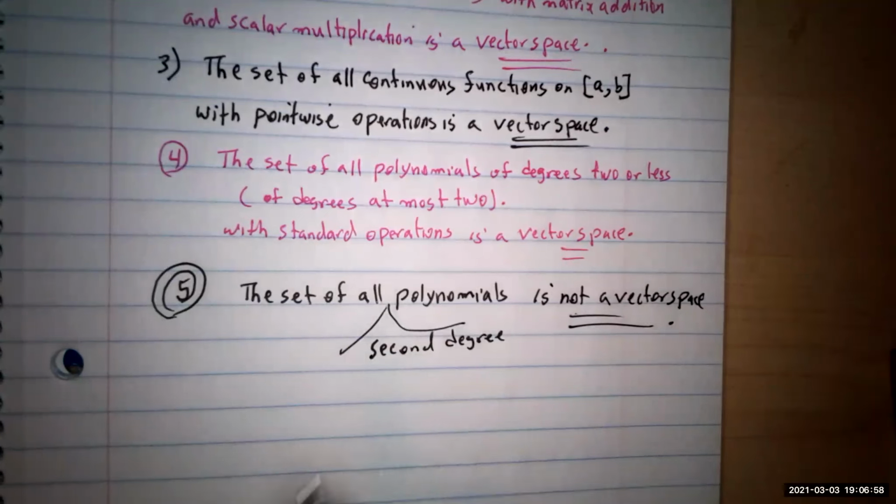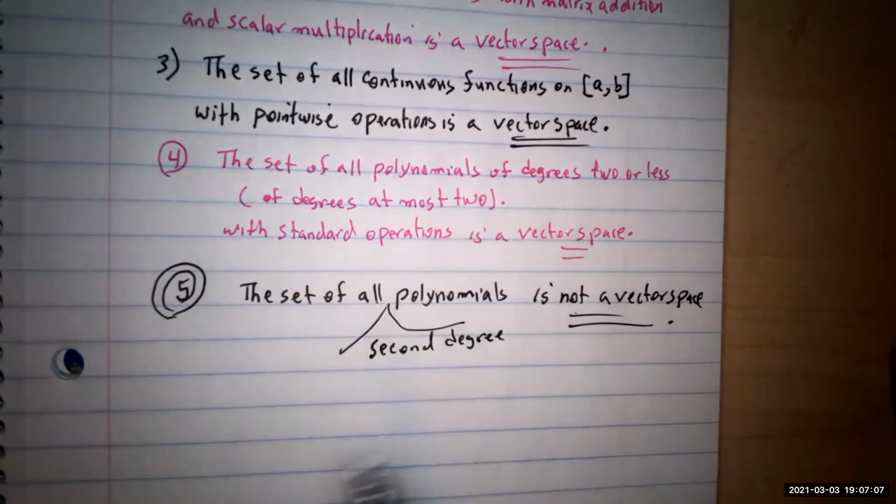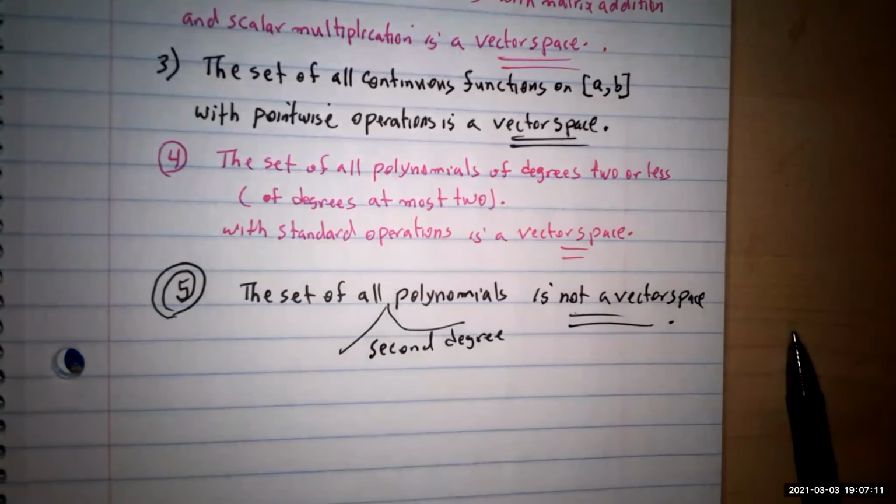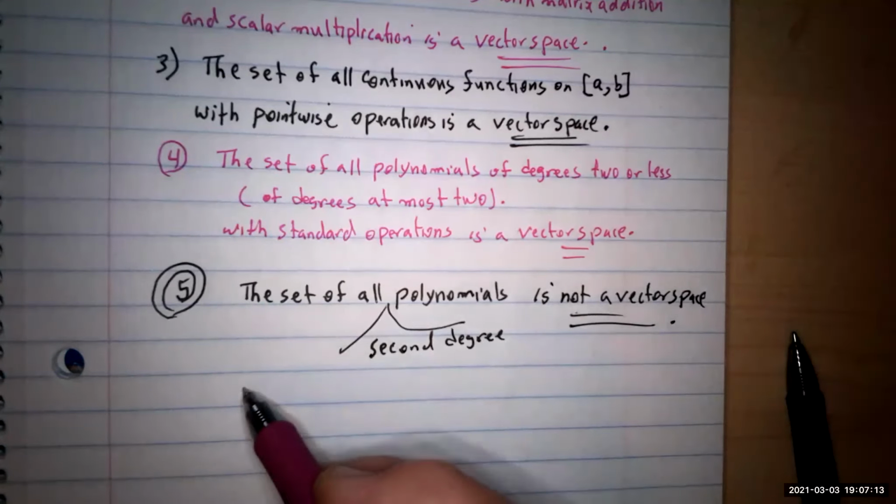Because I can give you 2 polynomials of the second degree that if you add them together, the result is not going to be a second degree. Remember, if it's going to be a vector space, it's meant to be closed under addition. So this is how we're going to reject it.